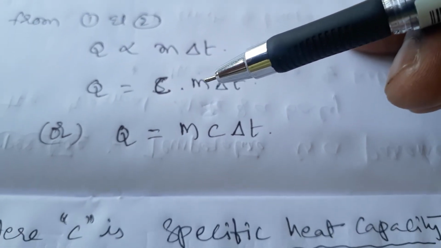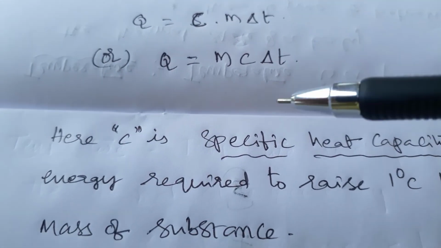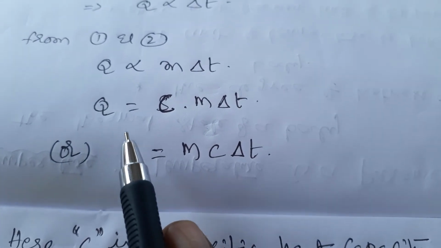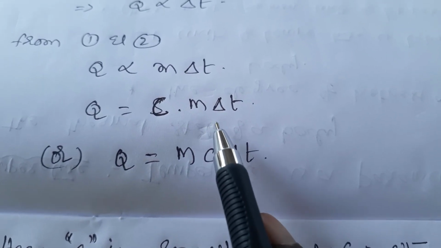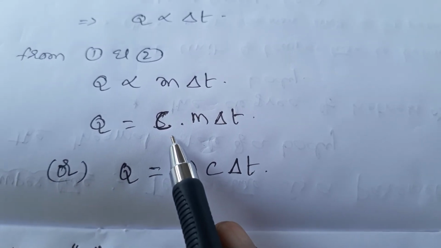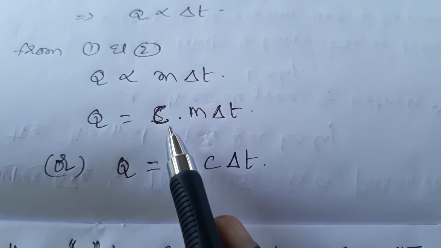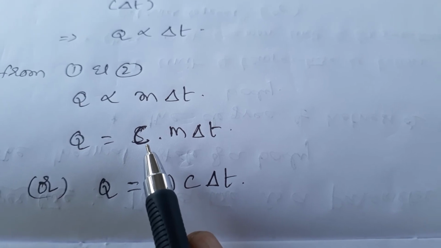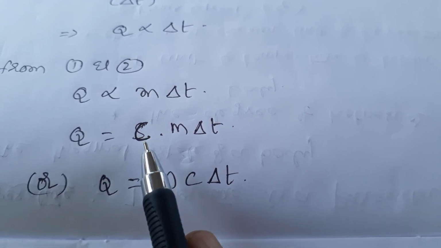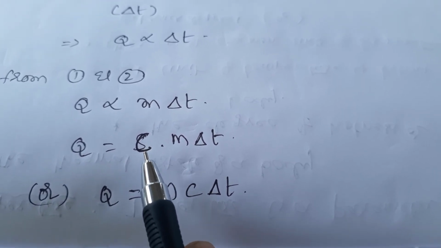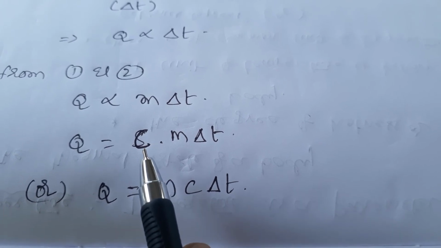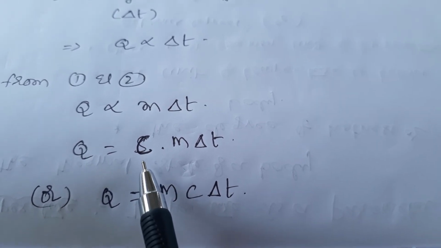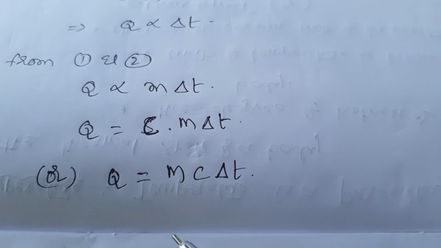Q is equal to a constant into M delta T, and here we take the constant as C, the specific heat of a substance. Specific heat depends on the nature of the body, so that is why we take the constant as specific heat.